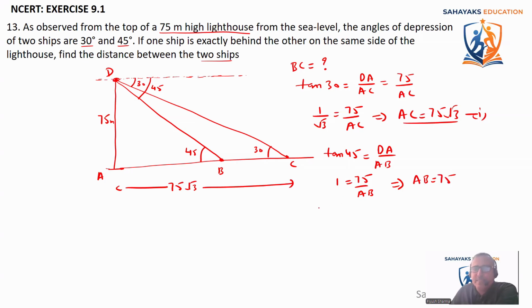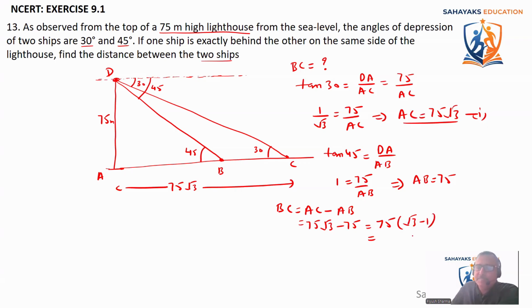Now we have to find BC. So BC is equal to AC minus AB. So from the first and second equation, it is 75 root 3 minus 75. Or we can take 75 as common. It becomes root 3 minus 1.